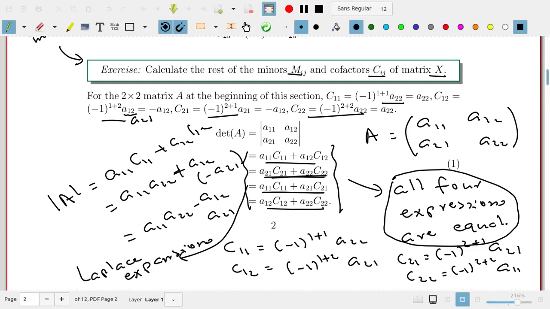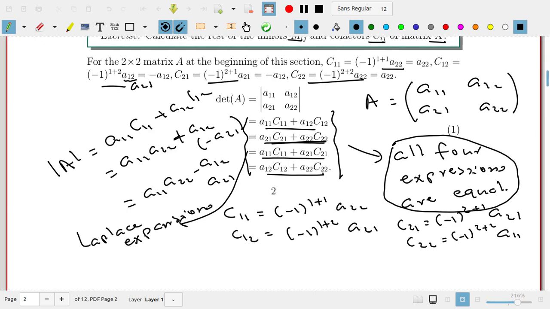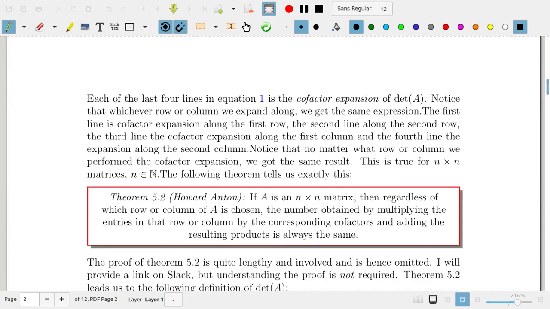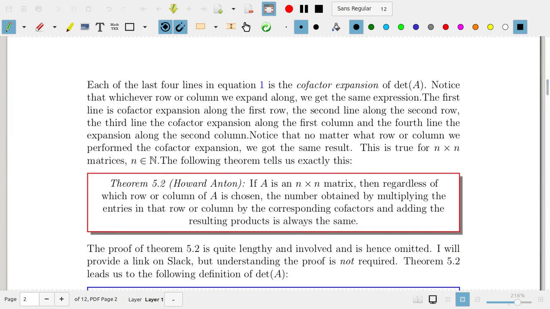Say I have a matrix that looks like this: A11, A12, up to A1n, a square n by n matrix, and of course you have the other elements of the matrix.